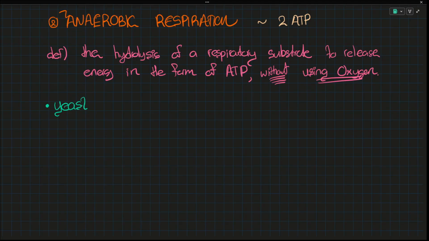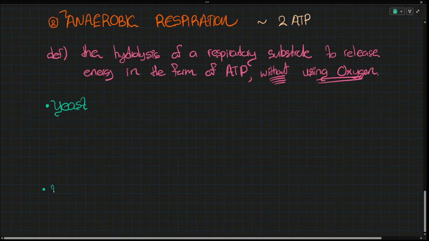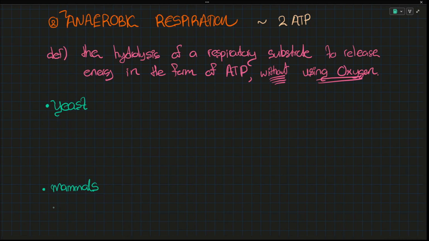You know yeast, right? Your typical fungi, yeast. And then we will talk about the type of anaerobic respiration occurring inside ourselves. So I'll call us mammals. It would be fair to call us animals, same thing, but we'll stick to standard scientific definitions. So we'll start with yeast.